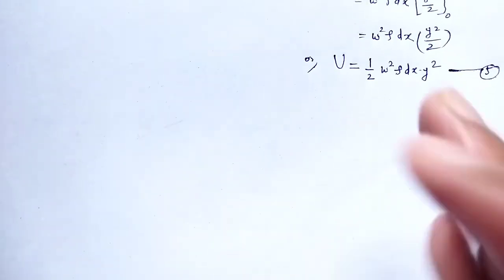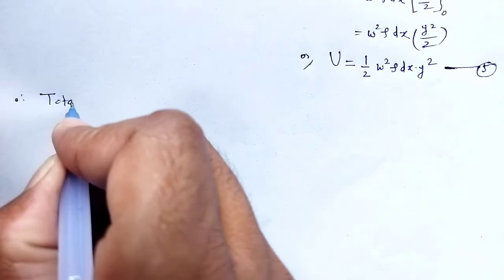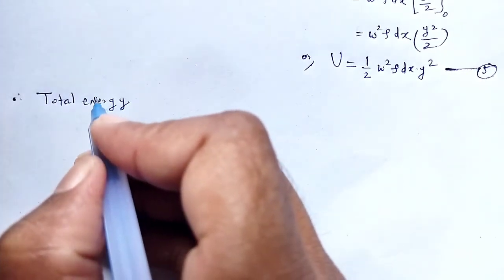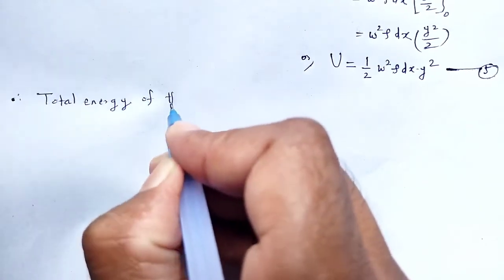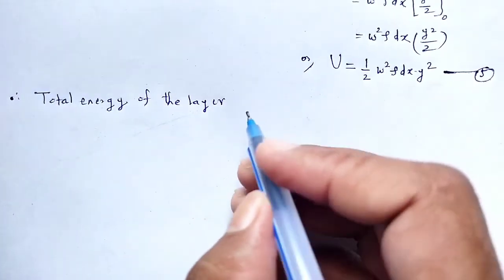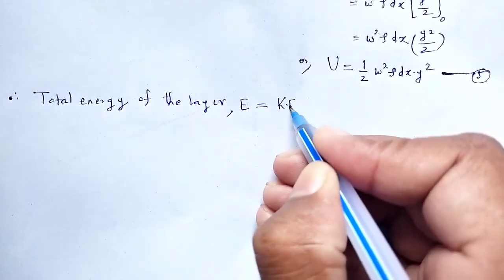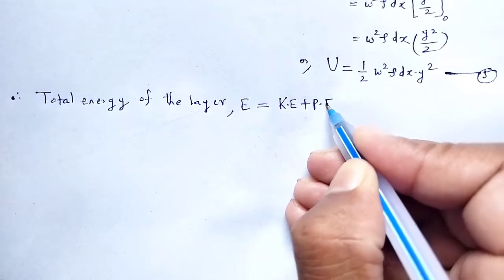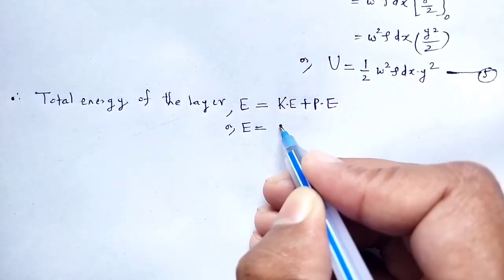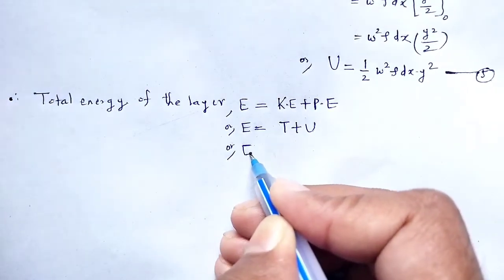Therefore, the total energy of the layer, E, is equal to kinetic energy T plus potential energy U. The value of T and U is put here.